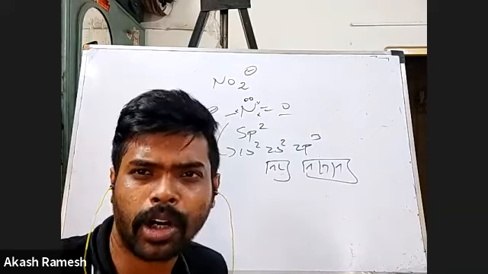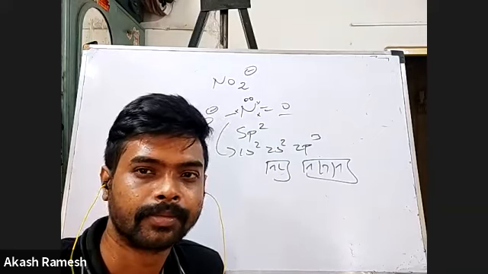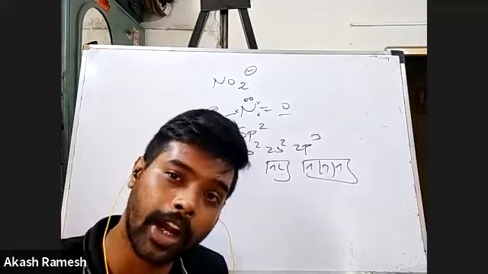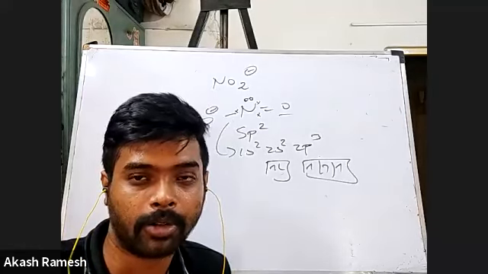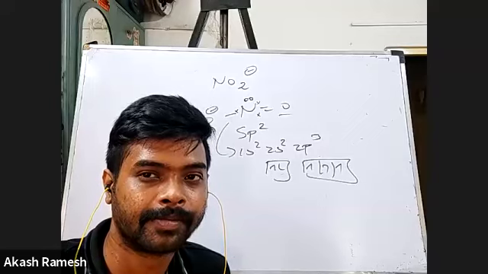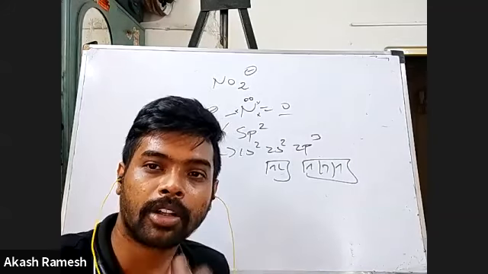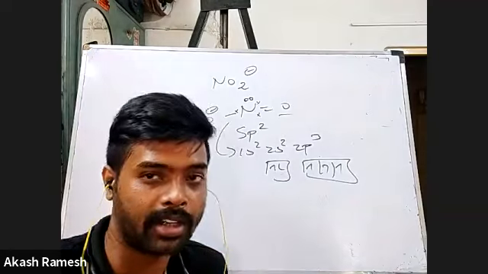I told you which will come inside the hybridized orbital and which cannot. Pi orbitals will come outside the hybridization. That is correct.